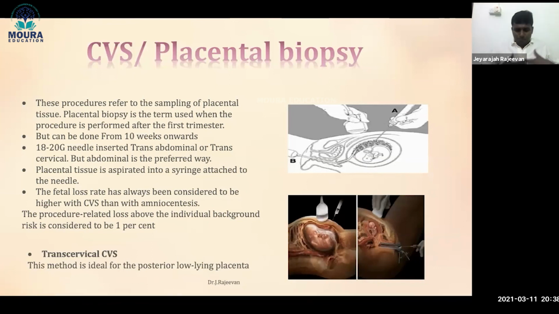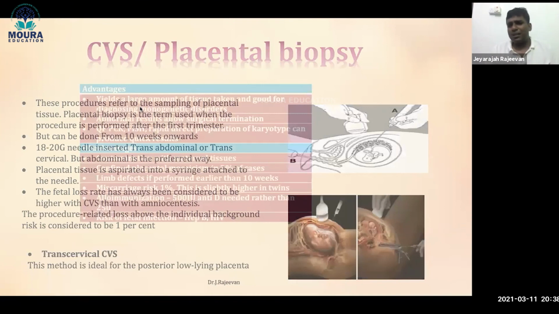If the placenta is anterior, you can prick the abdominal wall and take the biopsy easily. If the placenta is posterior, then rather than going through the anterior wall to the posterior wall, you can reach it through the cervix and take the tissue. So for a posterior lower lying placenta, the transcervical route might be a good option. These are the two ways of taking the placental biopsy.